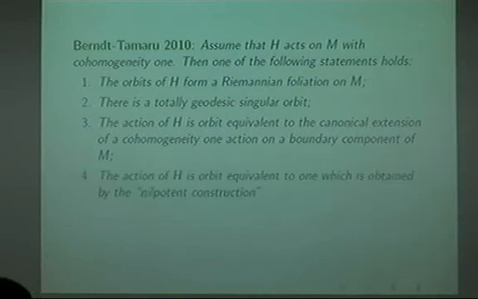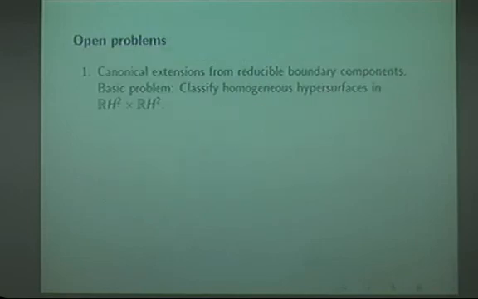And the fourth one is that the homogeneous hypersurface is obtained by a certain construction using nilpotent algebras. That's a bit complicated, this algebraic construction, and I don't want to explain it here. But I want to mention, to finish off, what the open problems are to classify all the homogeneous hypersurfaces.